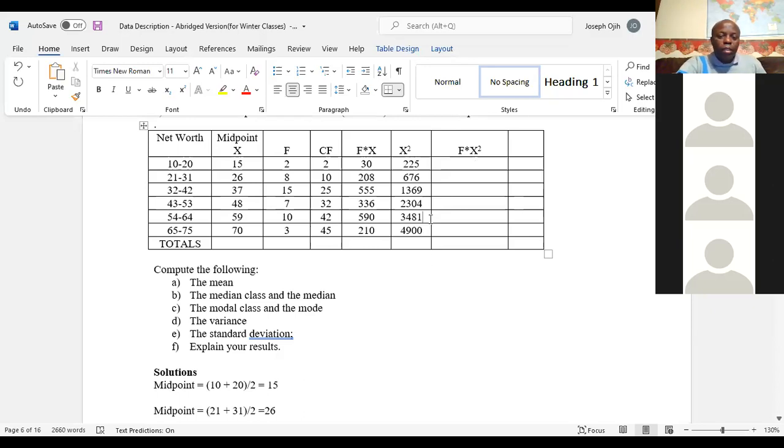Yes. Now we are ready to get this one. So say F times X squared. This is our F. This is our X squared. So F times X squared means this one here times that. So 2 times 225.